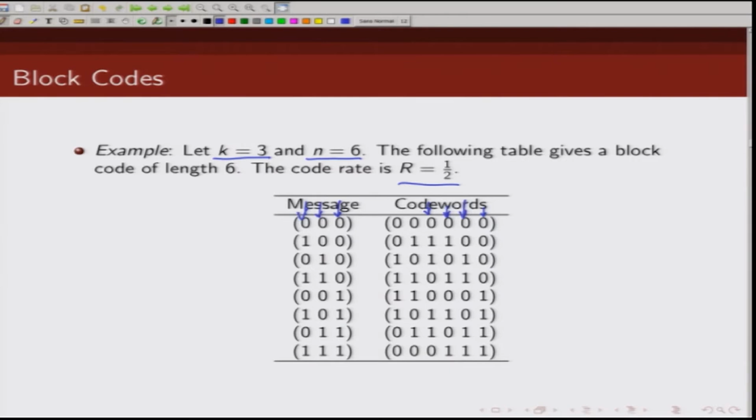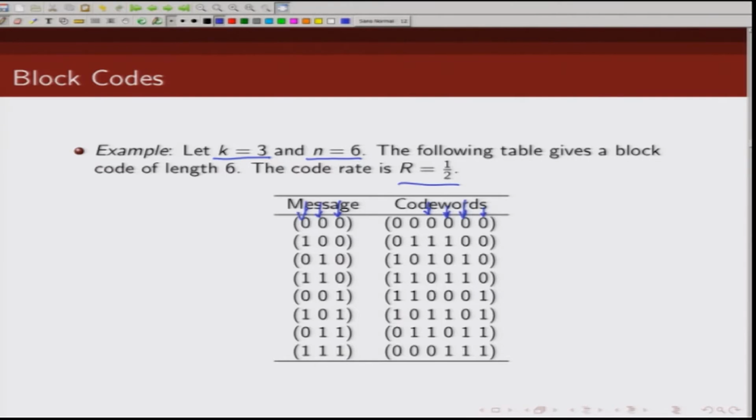So, if we do XOR of these two, look at this, 0 plus 0 is 0, 1 plus 0 is 1, 0 plus 1 is 1, 1 plus 1 is 0. We are talking about binary addition over binary field.